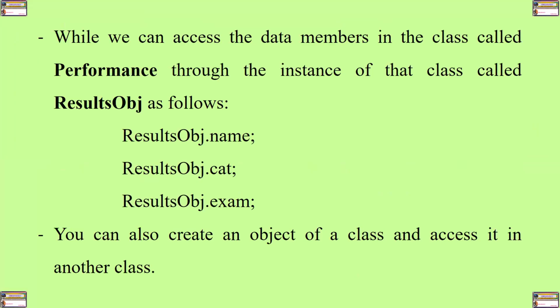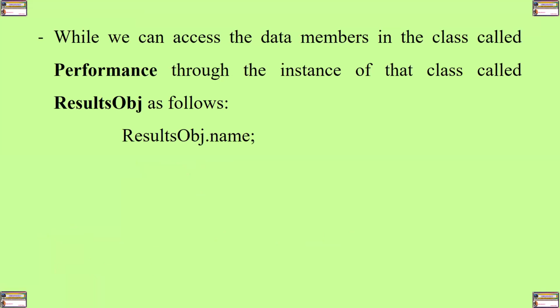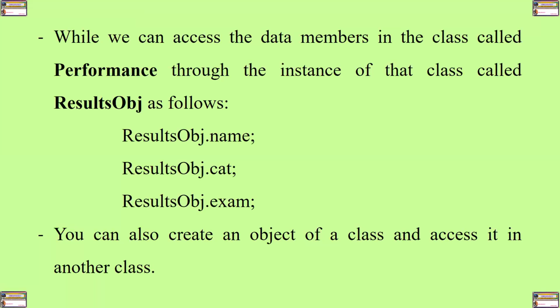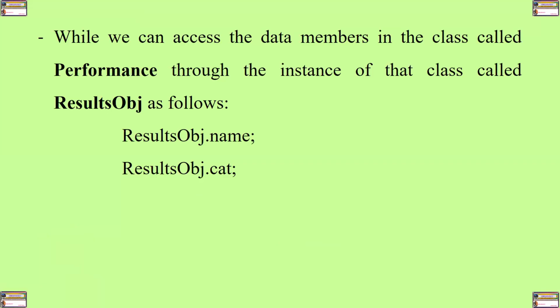So you can also create an object of a class and access it in another class. My dear students and the rest of the learners, you can see that once you have declared an object for a class, you can directly access the member of that class by having the dot operator followed by the name of the field or the name of the member, whether data member or method.